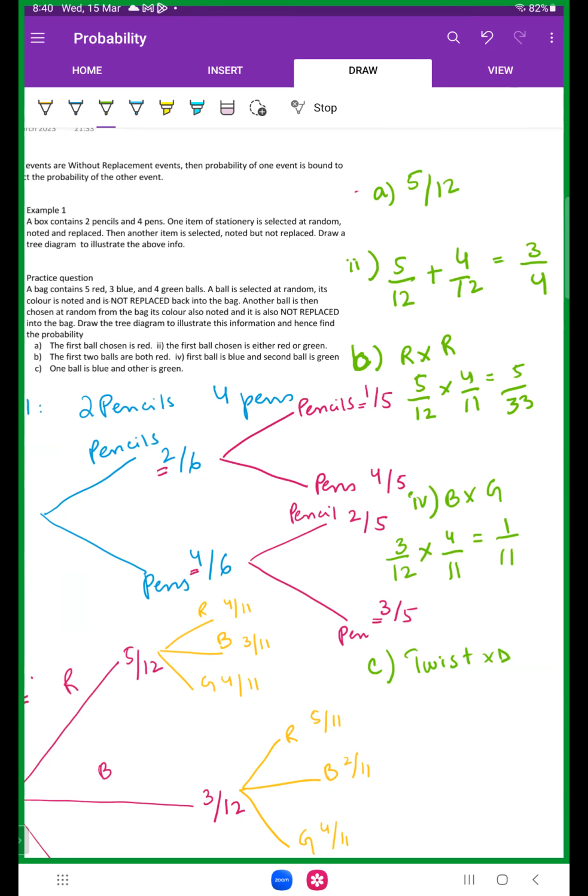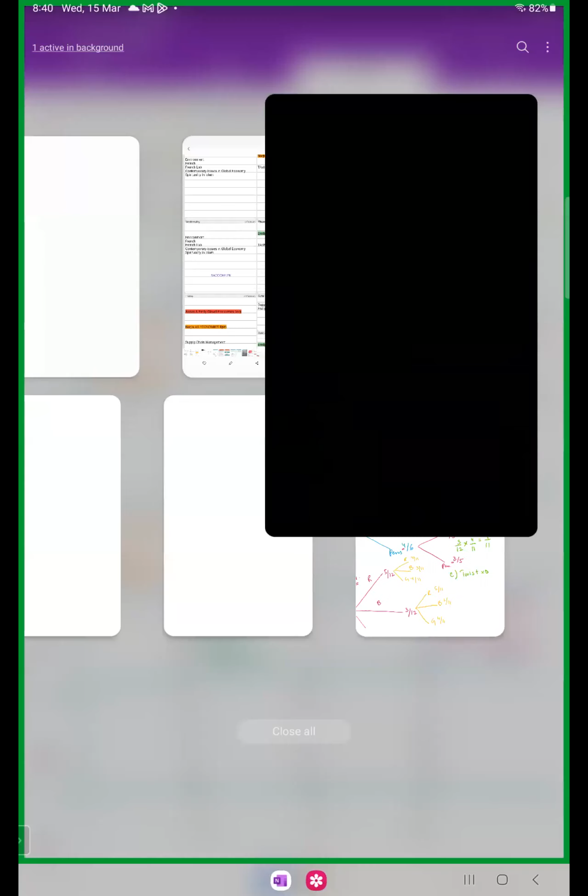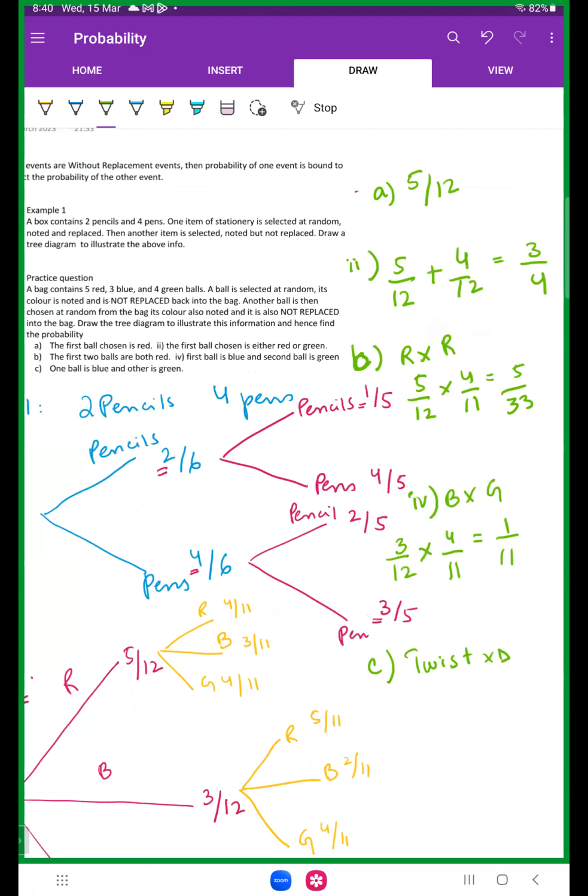Done, miss. Okay. Are you getting the same answers as mine? Let me check. I've written the answers in green. I did not simplify number 2.